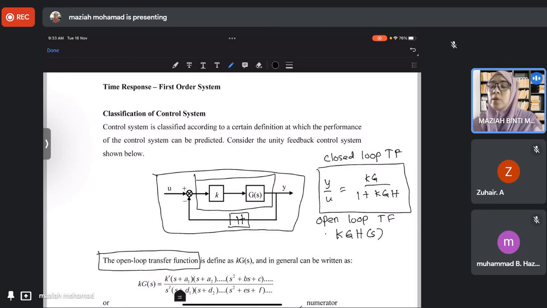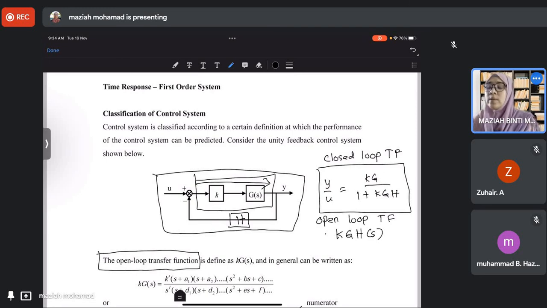So it is actually any gain on the feed forward loop, like K and G here, multiplied with the feedback transfer function, which is H. In this case, H is equal to 1.